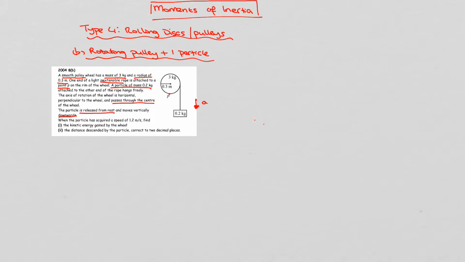So in other words, on release, the particle, 0.2 kilograms, will accelerate down. As it accelerates down, it's going to have a change in position, so its height above the ground is going to change by a particular amount.